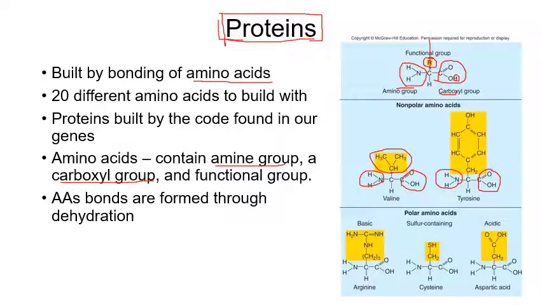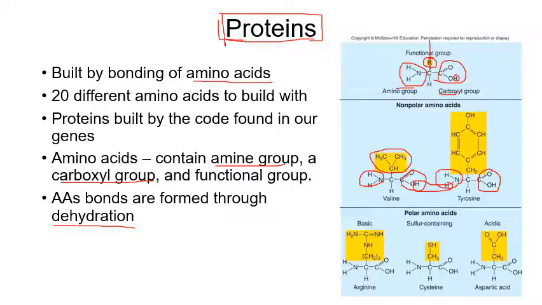And remember, all our large molecules were made by dehydration or condensation reactions. So we'll take this H here with this, make our peptide bond.